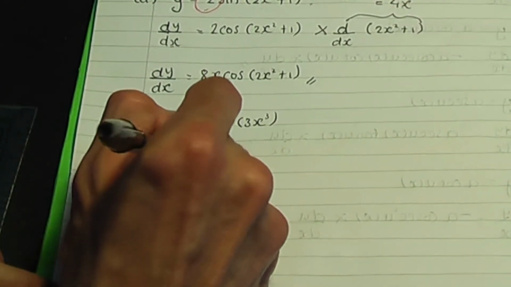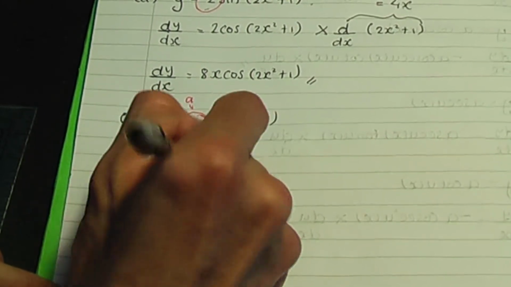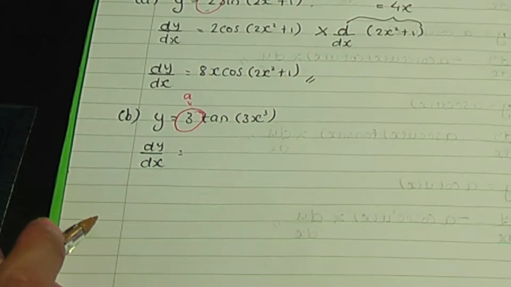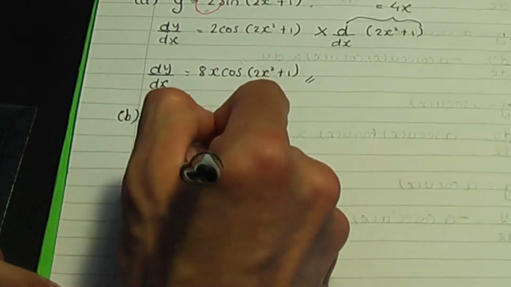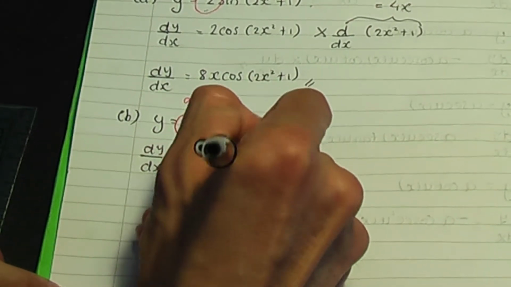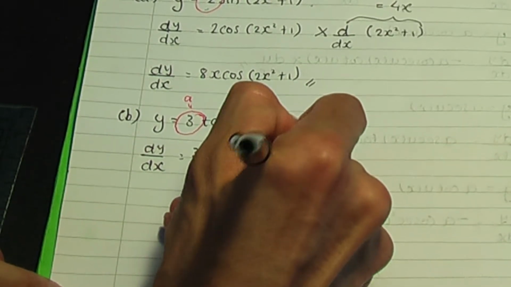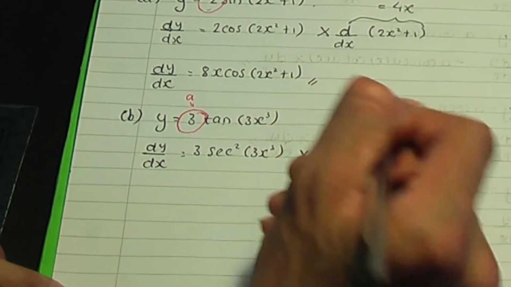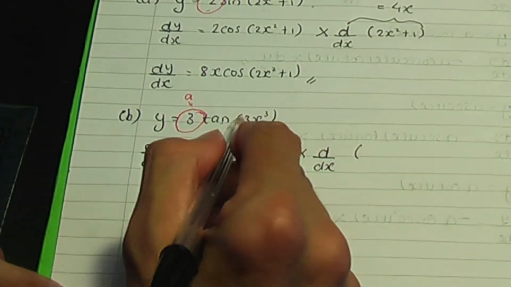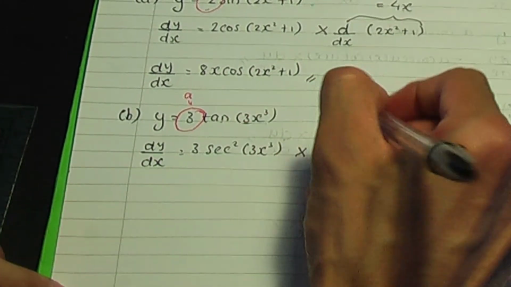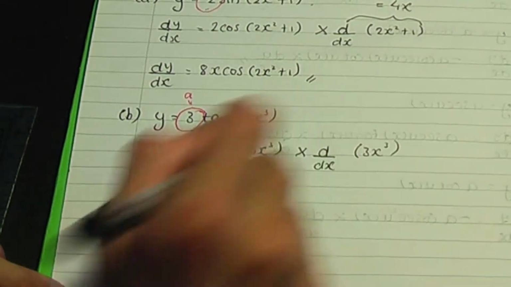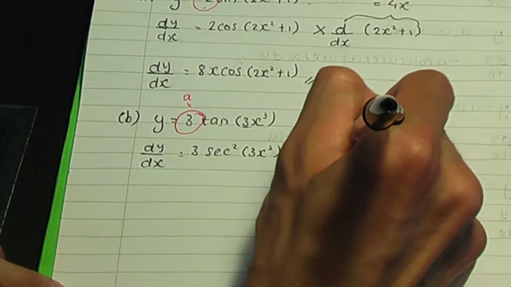So dy over dx. When I differentiate tan, the standard result is sec squared. So it's 3 sec squared 3x cubed. But we always multiply by d by dx of ux, and ux for trigonometrics is the angle, 3x cubed. Now it's about simplifying.